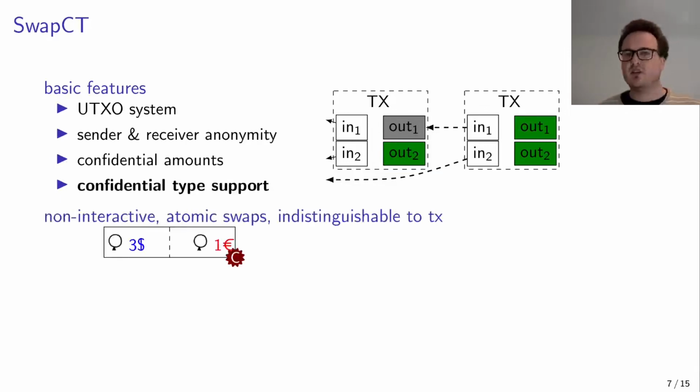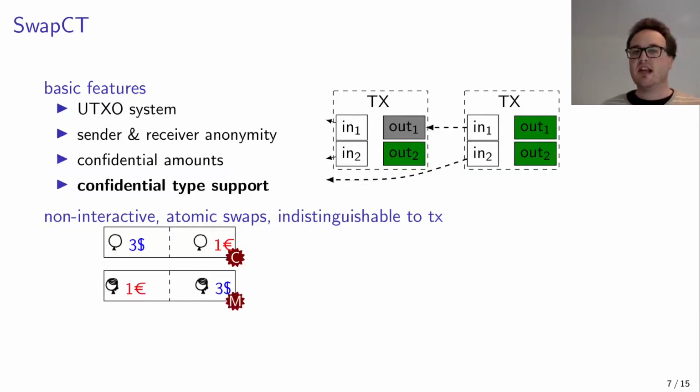So how to build these atomic swap transactions? Let's assume that QWall has $3 and wants €1 in return. So QWall can sign an offer which says, I would authorize to spend my $3 note if somebody returns a €1 note to me instead. And Megan, for example, can conversely do the opposite thing and sign it.